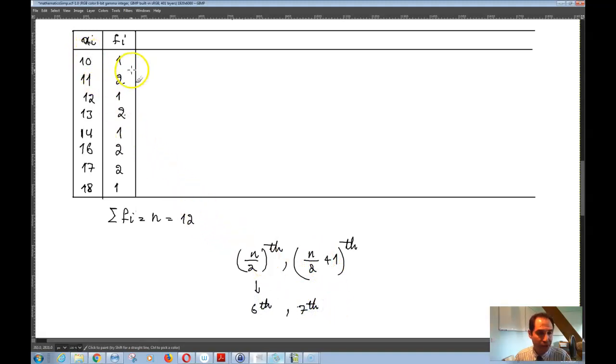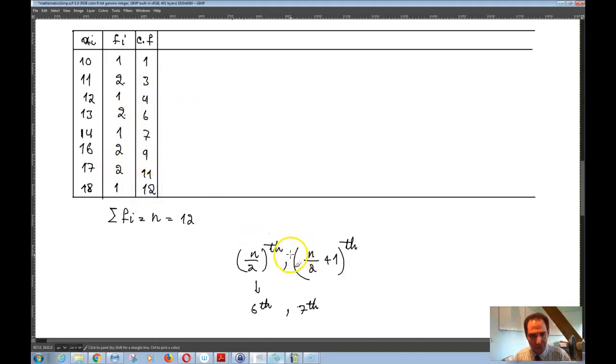For the sixth observation, of course, you can use the cumulative frequency of these classes. You can add cumulative frequency, and then you have 1 plus 2 is equal to 3, 4, 6, 7, 9, 11, and 12.